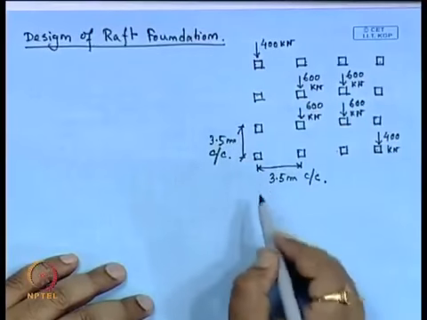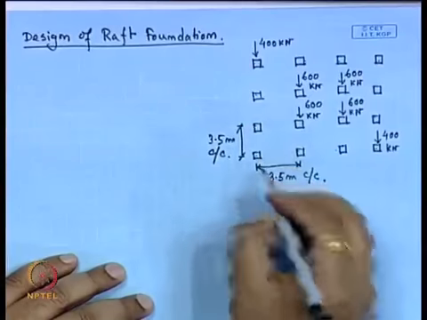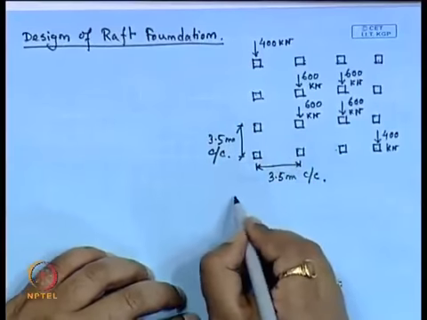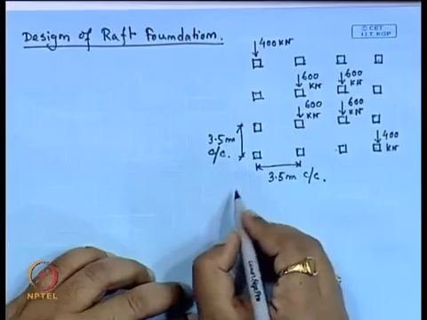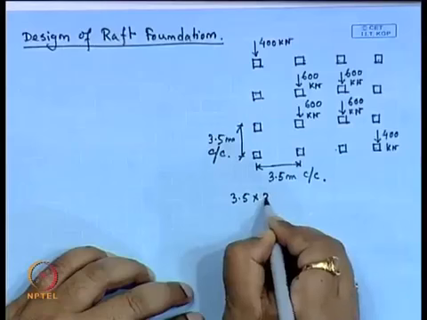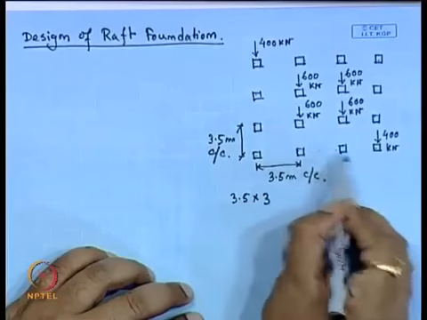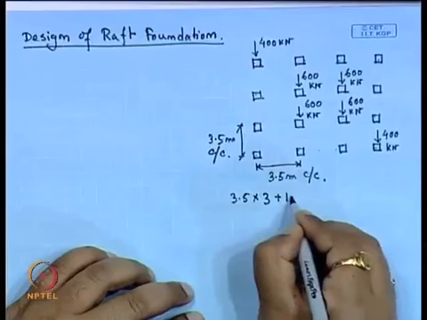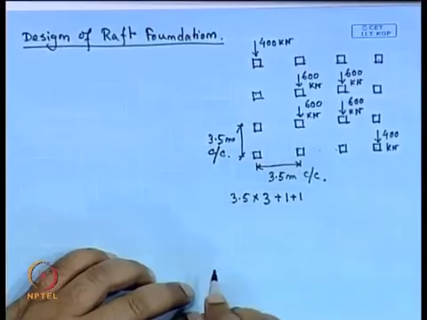Now, first we will choose the dimension of each footing. In the x direction, the dimension we are choosing is 3.5 into 3, because there are 3 bays. Initially, we choose 1 meter on each side.